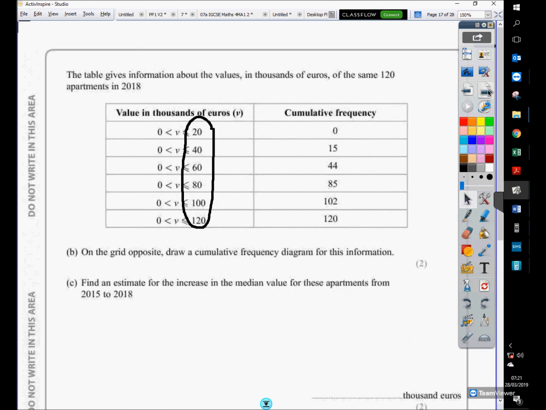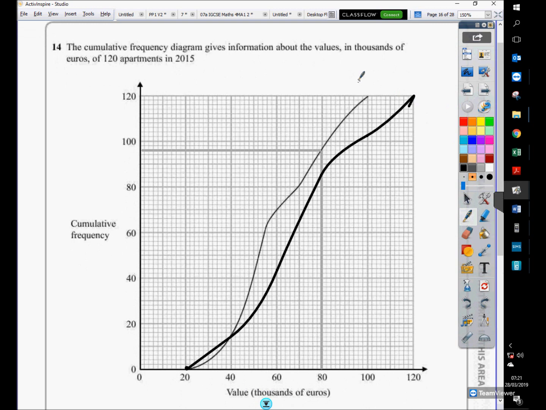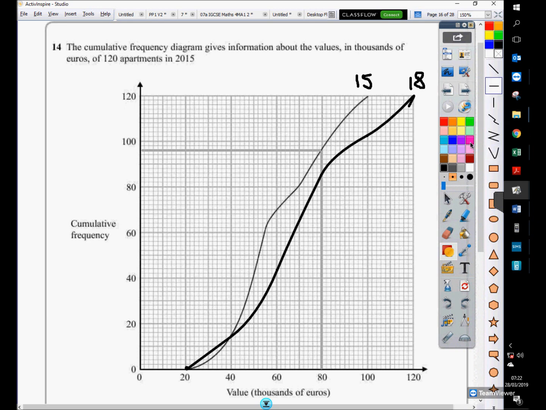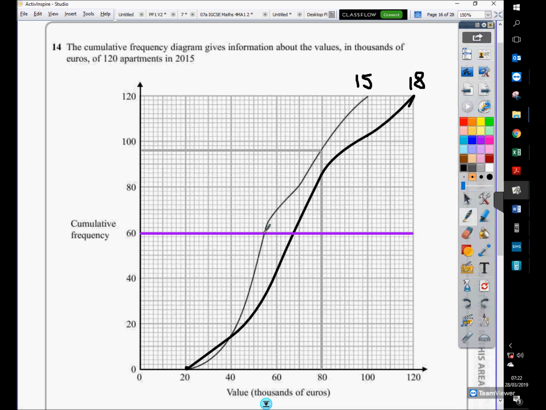Next. Find an estimate for the increase in the median value for these apartments from 2015 to 2018. So we've just plotted 2018. Okay, so the first one was 2015, this one is 2018, and the median. So there are 120 apartments. That means the median is the 60th apartment. So we draw a line across at 60 to read off the median in 2015 and the median in 2018.